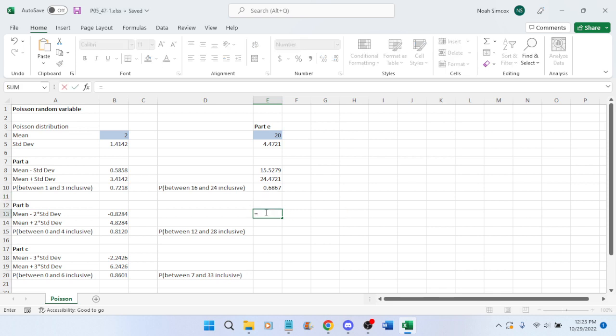Equals 20 minus 2 times this, equals 20 plus 2 times that.